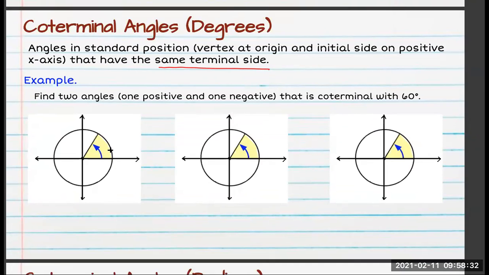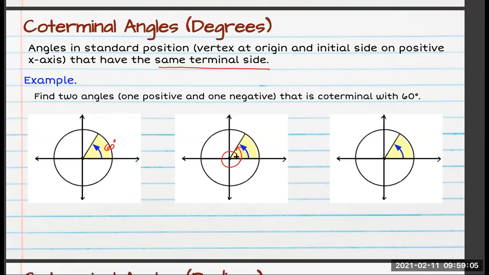So say this angle is 60 degrees. Now, what we want to do is find two angles, one positive and one negative, that are coterminal with 60 degrees. So one positive angle coterminal with 60 degrees means you have to do one complete revolution and then stop right there, because positive is counterclockwise, right?